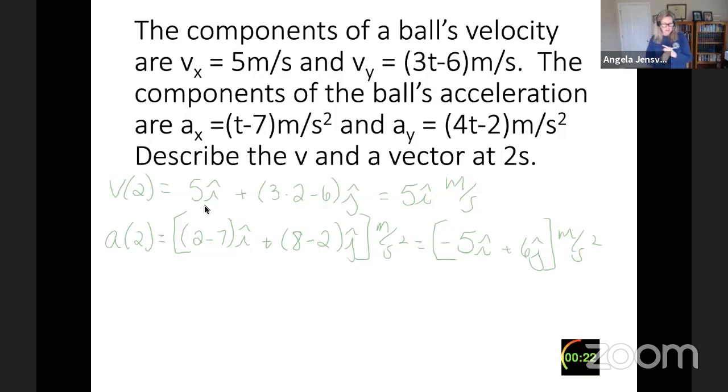So this object is slowing down in the horizontal direction, and it's currently not moving vertically, but it's gaining speed in the vertical direction. It will be moving upward in a moment. So it's nice if you can go back and forth between these representations, like equation, graph, narrative.